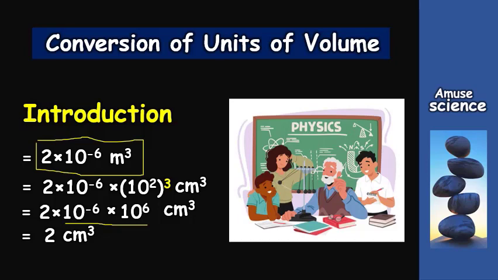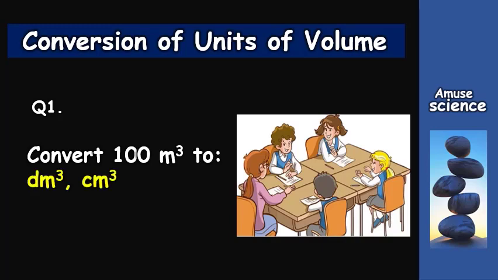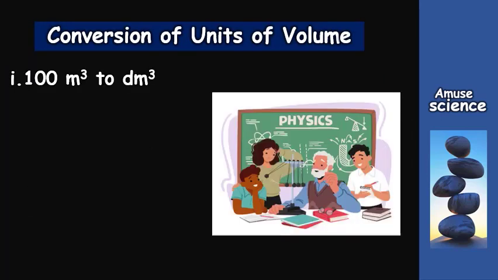Our first question is asking us to convert 100 cubic meters to decimeter cube, centimeter cube, millimeter cube, and the liter. So let's look at the first one. That is 100 cubic meter to cubic decimeter. We realize here that in our original figure, which is the 100 cubic meter, we do not have the deci in it.